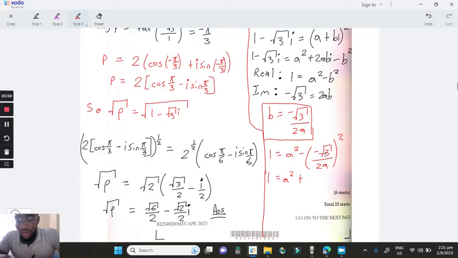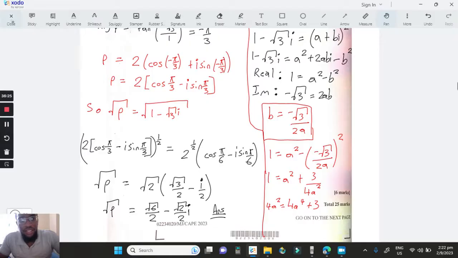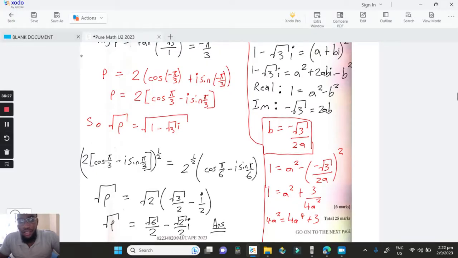And this becomes now root 3, when you square it is 3. Sorry. So, and then now 2a, when you square it, is 4a squared. Then we'll multiply through by the denominator. So it becomes 4a squared is equal to, that's 4a to the 4 plus 3. Now I need more space if I'm doing it this way. So I'm just going to go to the blank sheet.